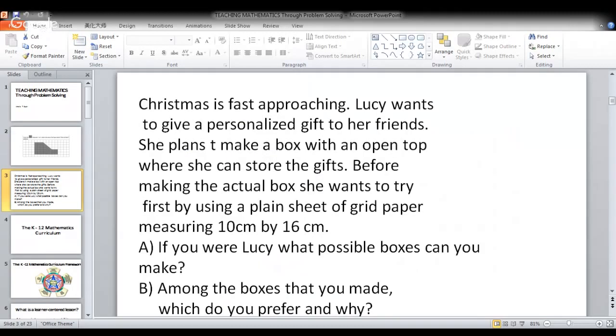Oh, I'm so sorry. The second one that I want to show to you is another problem. I've used this when I introduce writing algebraic expressions. All right, thank you.